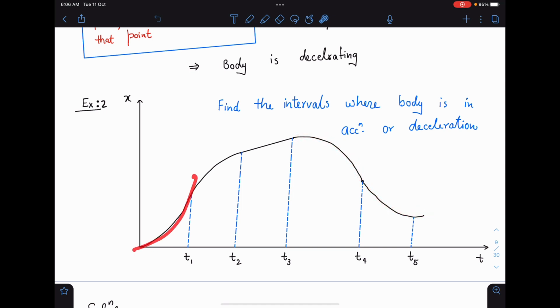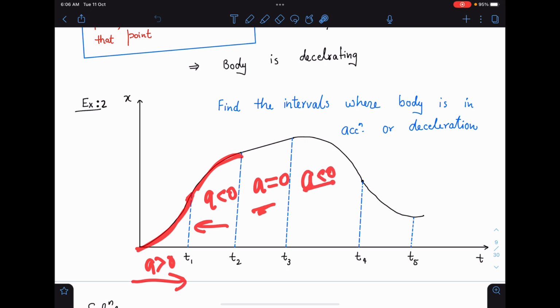Just by seeing the curvature of these graphs, I can comment on the velocity and on its acceleration. So it is accelerating to one side, so positive. Then this is decelerating, a is negative, taking positive as this direction. Then here a is 0, velocity is constant, and here a is negative but it is speeding up.